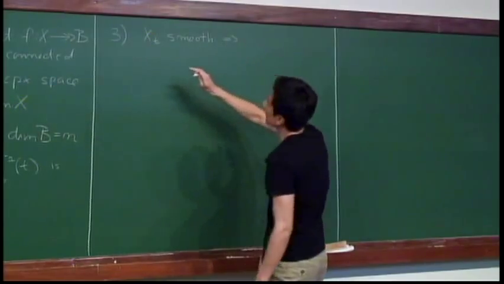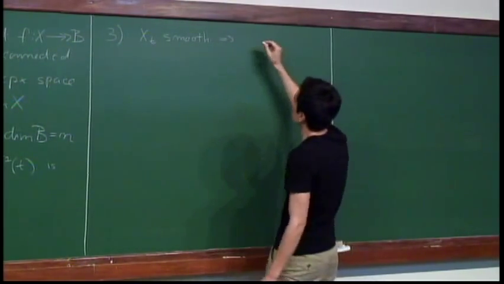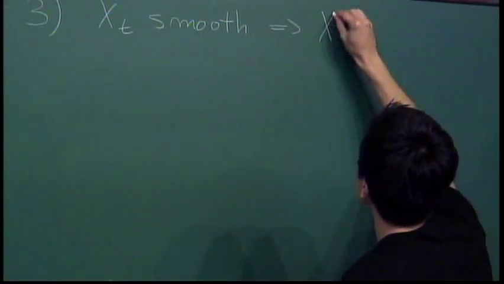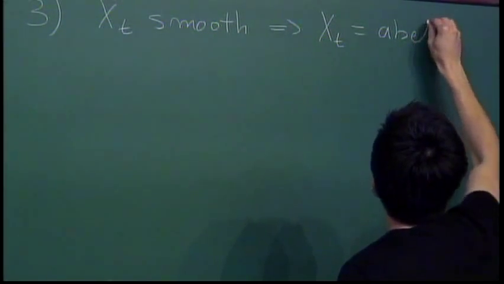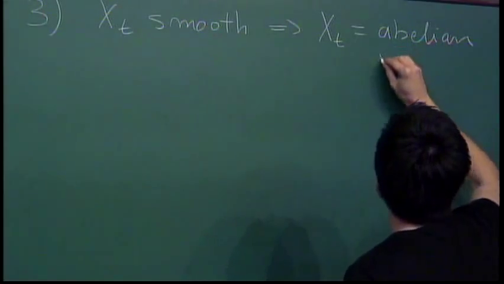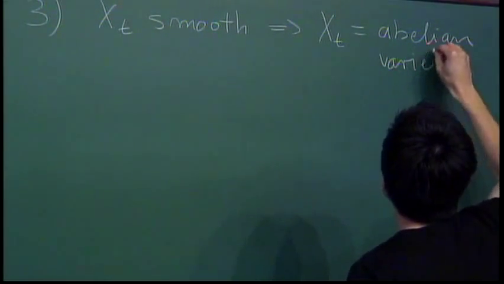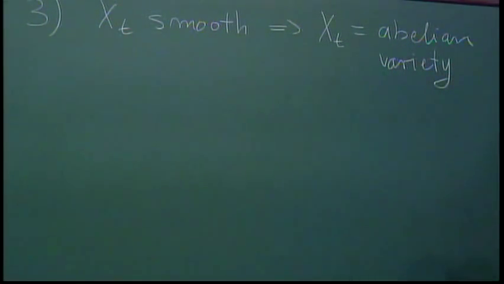Then we get that X_t is a complex torus, but indeed X_t is projective, so an Abelian variety. So that the smooth fibers are Abelian varieties, so in particular projective, will play an important role later.